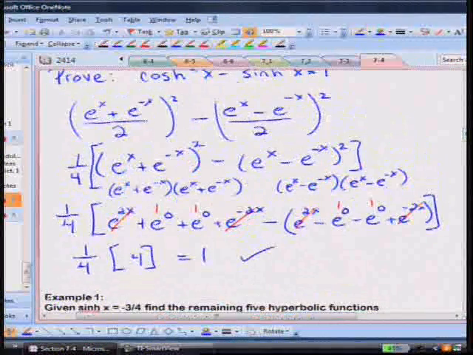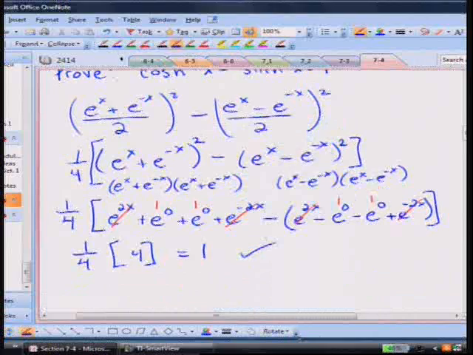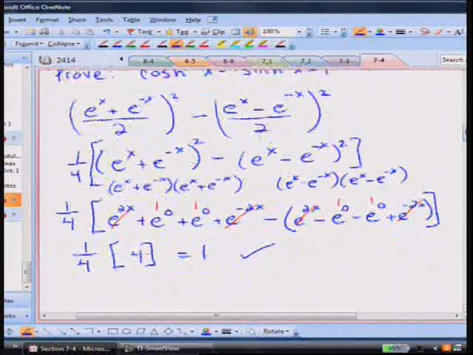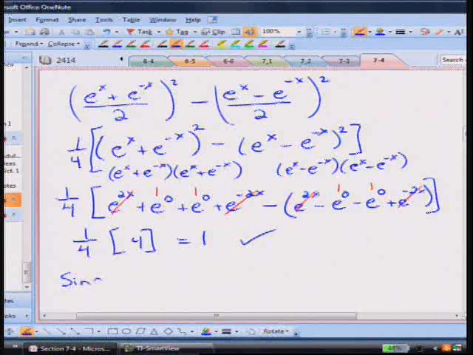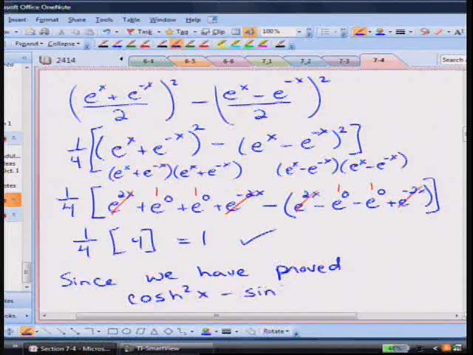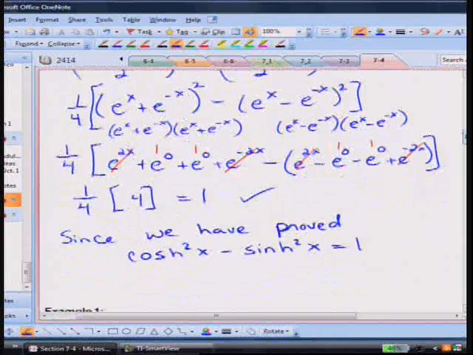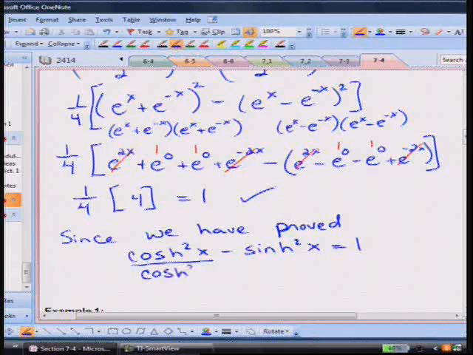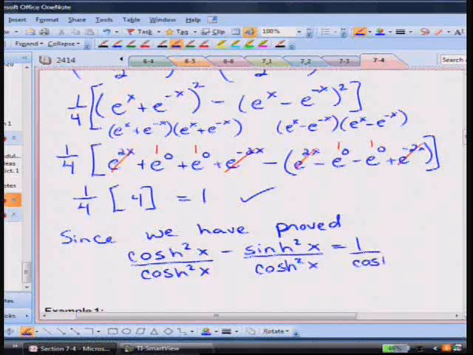Once you have proved this one, once you know that that is true, that the hyperbolic cosine squared of x minus the hyperbolic sine squared of x is equal to 1, then if you wanted to get one of the other, like the tangent one, you could just divide everything by either hyperbolic cosine or hyperbolic sine squared.